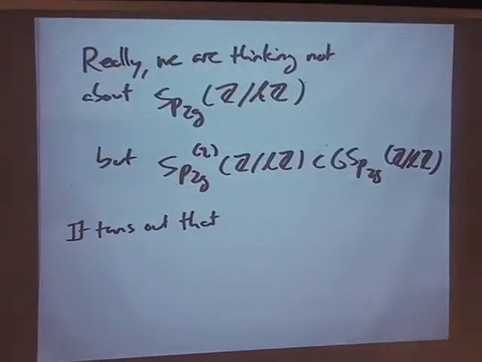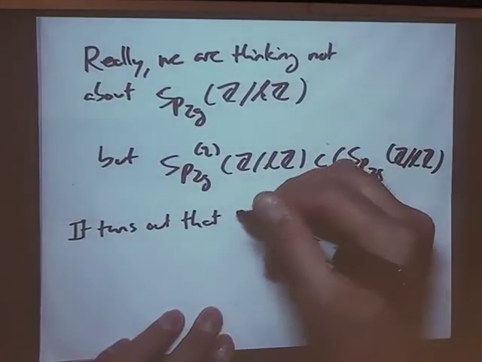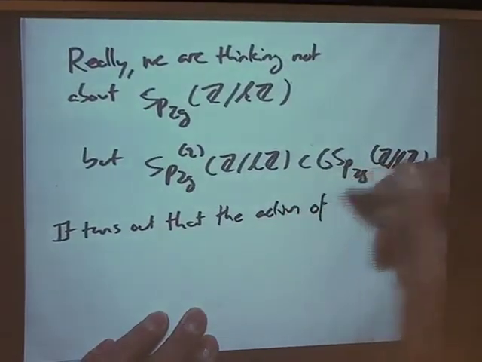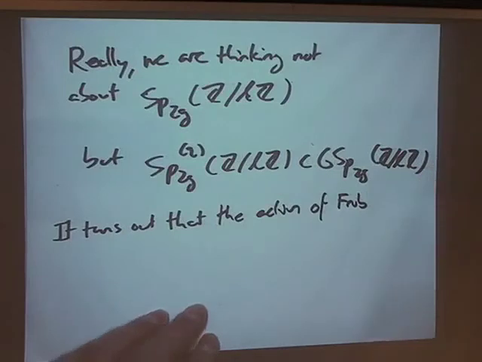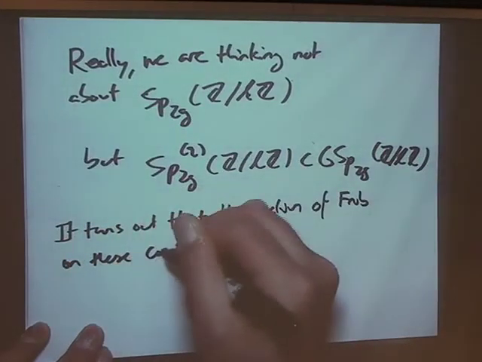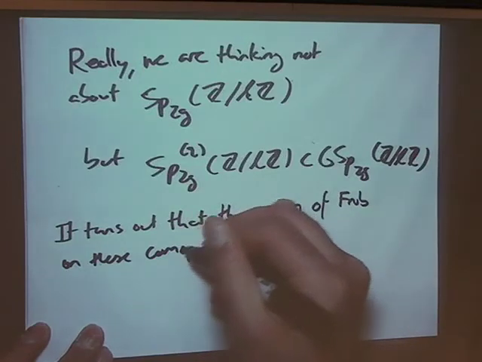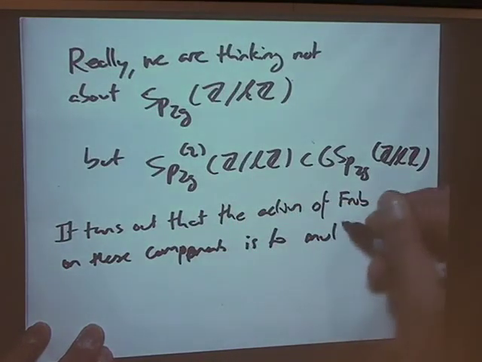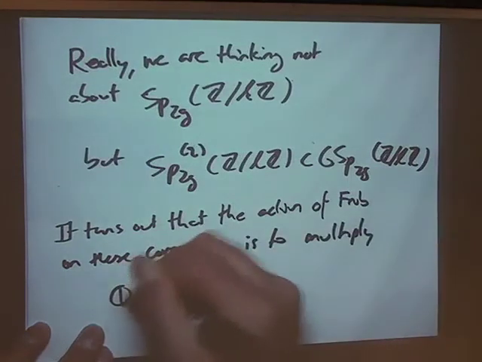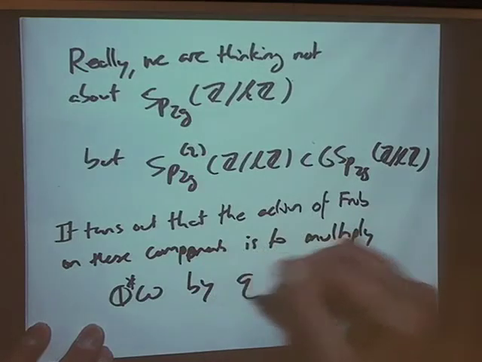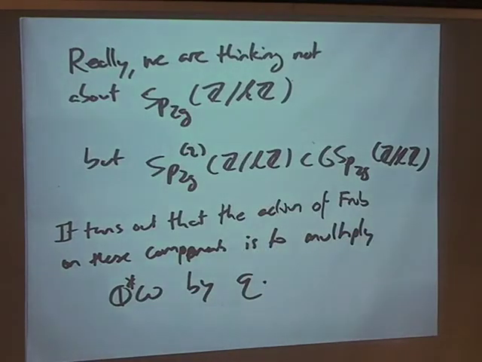So let me say how this works. It turns out that the action of Frobenius on these components is to multiply this invariant, the pullback of the symplectic form, by q.